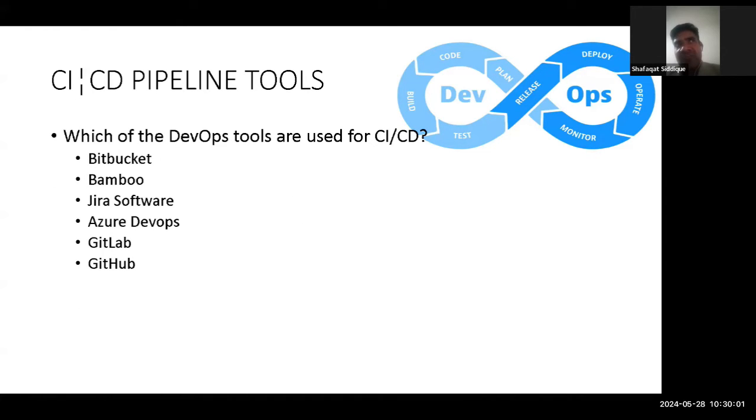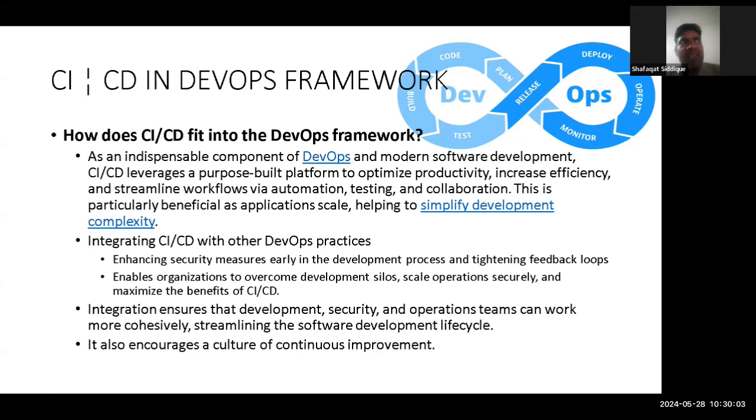It tightens the feedback loop, and it also overcomes the development at scale operations securely, maximizing the benefits of CI/CD, getting all the features if we implement CI/CD in our DevOps environment.